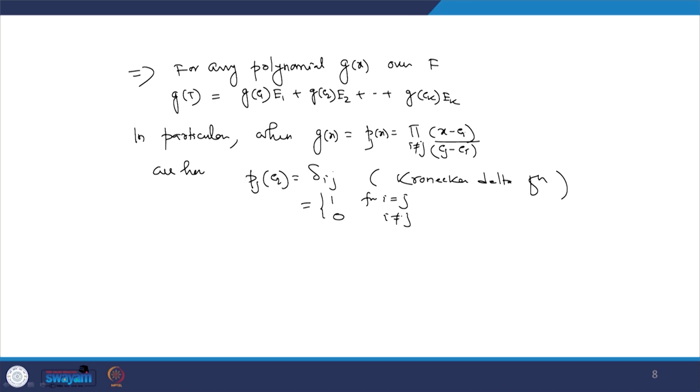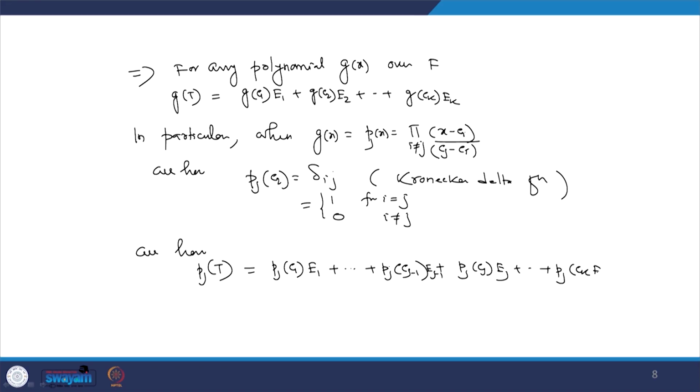So, if I consider this type of polynomial function, then Pj(T) will be equal to Pj(C1) E1 plus Pj(Cj minus 1) E(j minus 1) plus Pj(Cj) Ej plus Pj(Ck) Ek, but all will be 0, and we will have only simply Pj(Cj) Ej, which is equal to Ej.